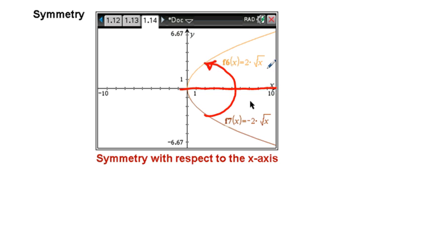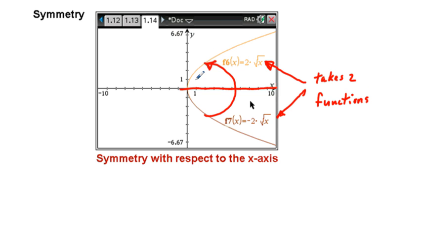But it takes two functions for this, because you might remember from part 1 where we had the vertical line test.